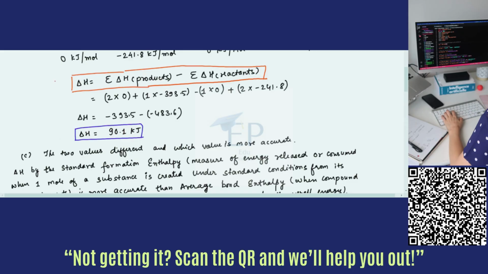Before, we were subtracting products from reactants, but here it is products minus reactants. So you need to remember this for understanding. Now we will put all the values here and sum up, and we will be getting ΔH equal to 90.1 kilojoule. So this is the standard enthalpy.